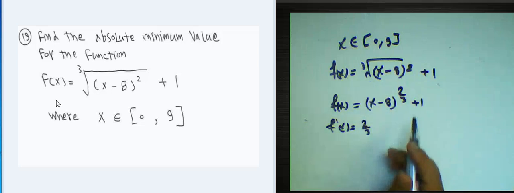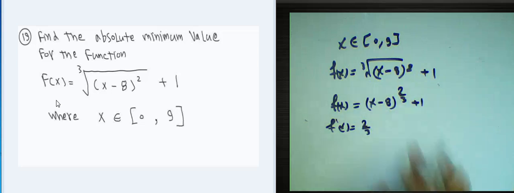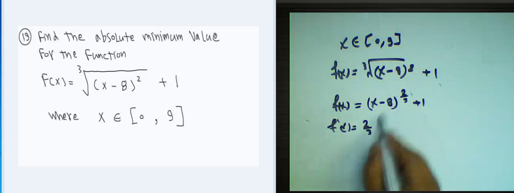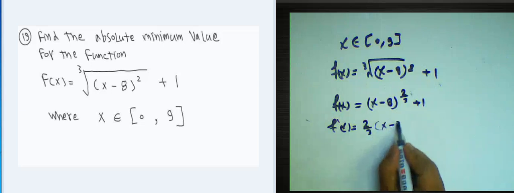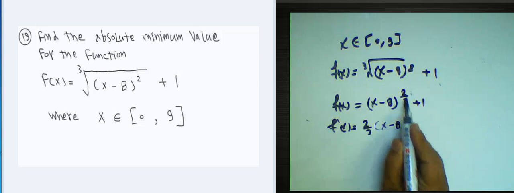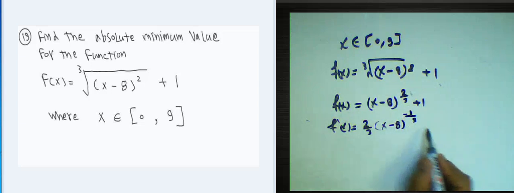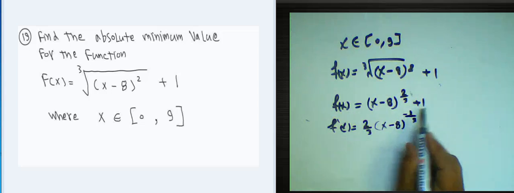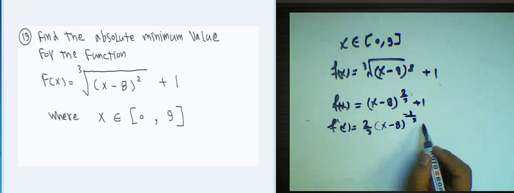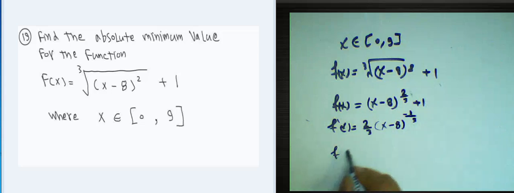Here 2 over 3 multiplied by the function. Drop the power and write x minus 8, subtract 1 from 2 over 3, which gives negative 1 over 3. The derivative of plus 1 will be 0, and then put f dash of x equals 0.